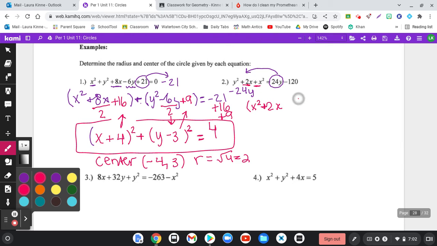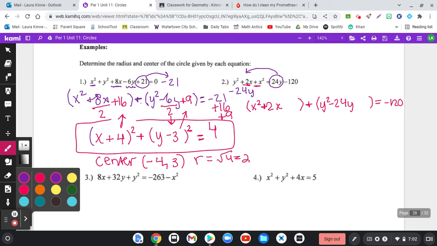Okay, and I'm going to leave a space. And then I have a y squared and a minus 24y, and I'm going to leave a space, equals my constant, negative 120.